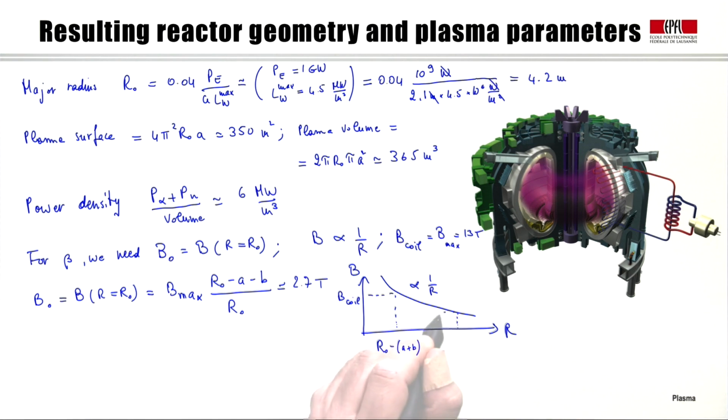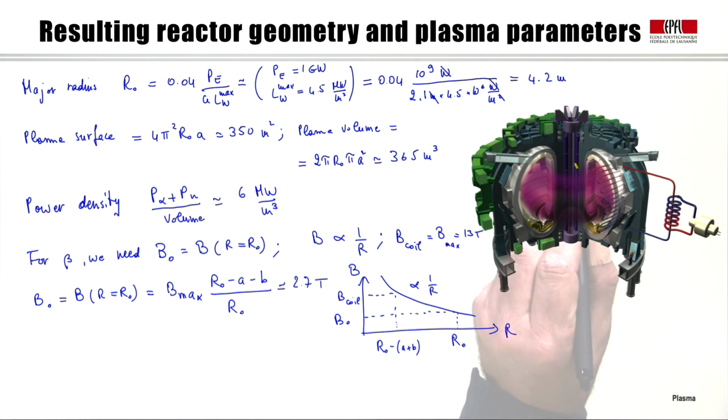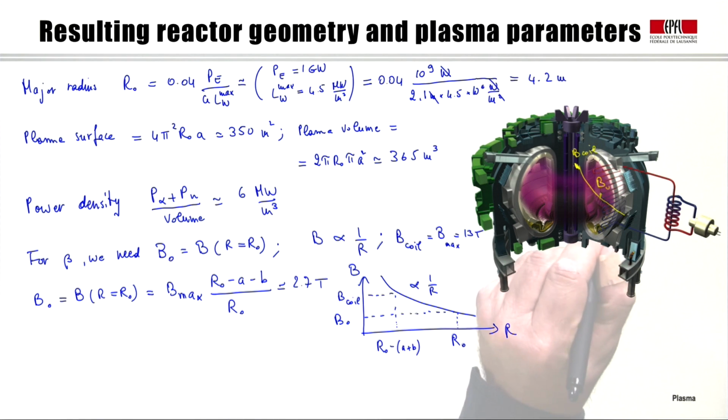And we calculated the value of the field, which we call B0, at R0. If I go on the layout of the tokamak, that implies knowing the field here at the coil, and going down as 1 over R, and finding B0, where the center of the plasma is.